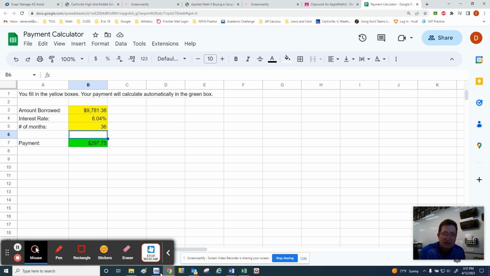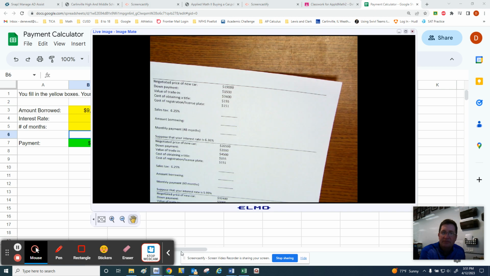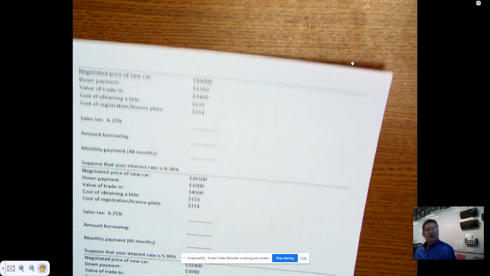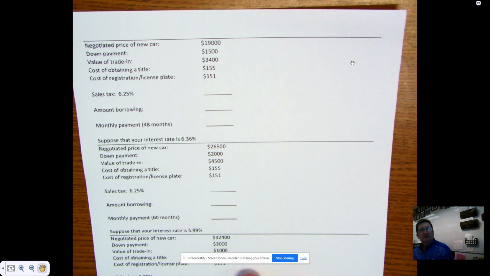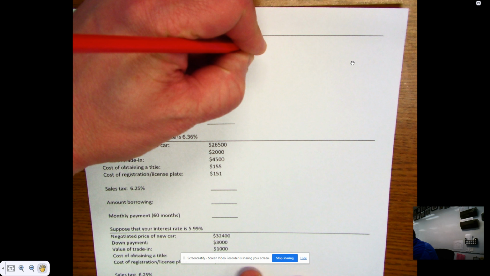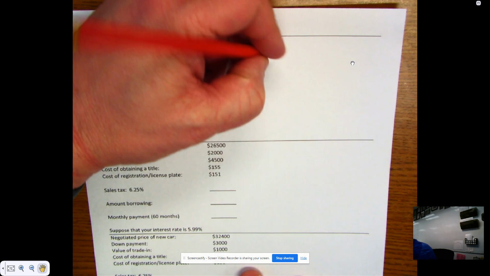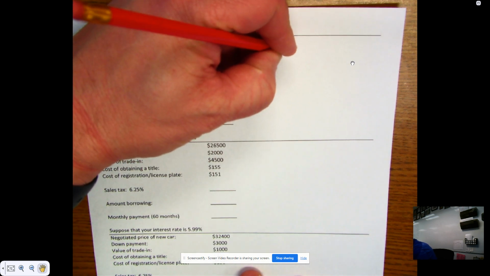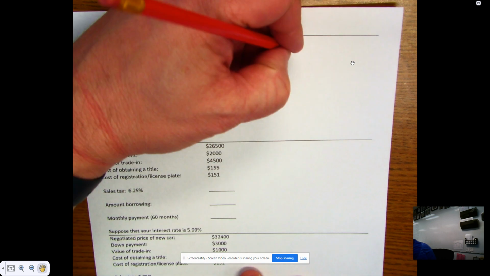And so let's see where we're at here. Let's find the camera again, and in this case, it says the negotiated price of the new car was $19,000, and so we're going to take $19,000. We're going to subtract our down payment, because we're paying that ourselves. We're going to subtract the value of our trade-in.